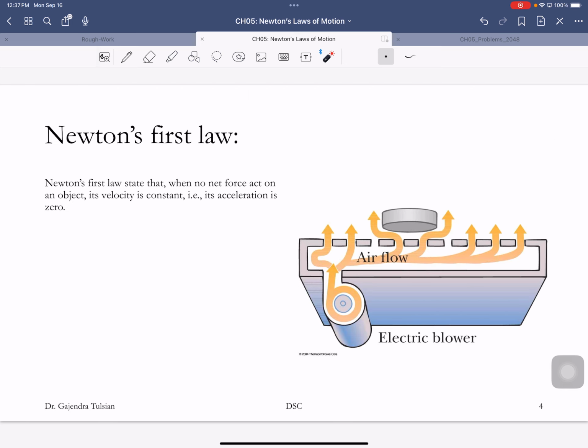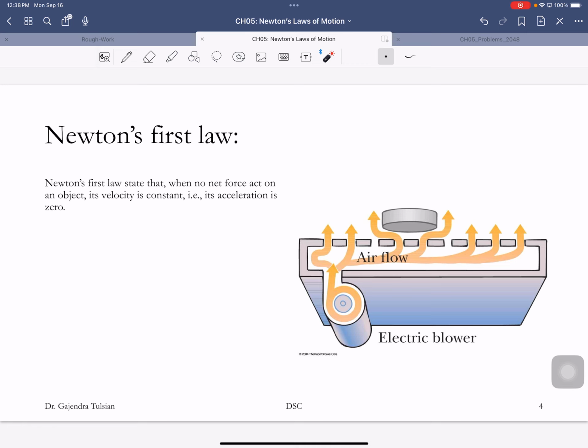Here's Newton's first law. This was actually discovered by Galileo. It's interesting because you don't see illustrations of this too often in real life. For instance, you push an object, so I pushed this phone and it came to rest.